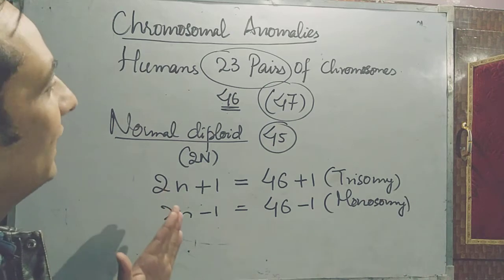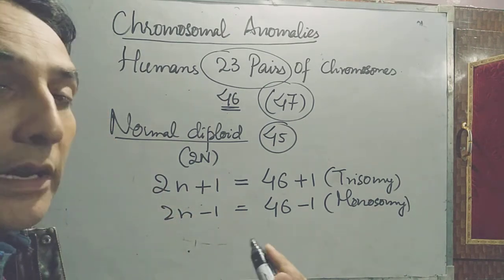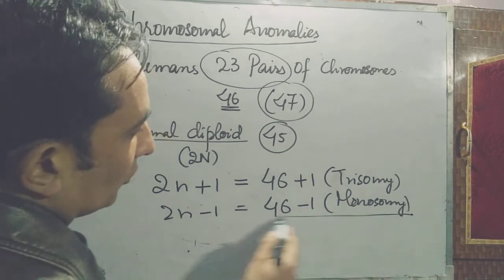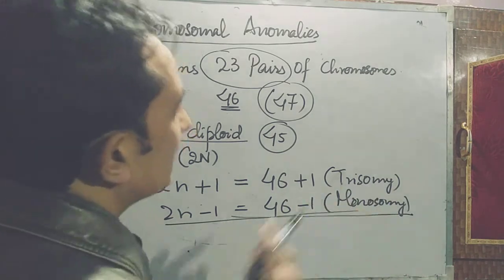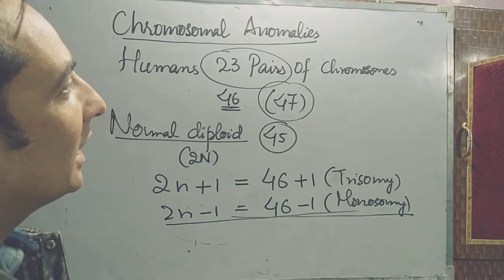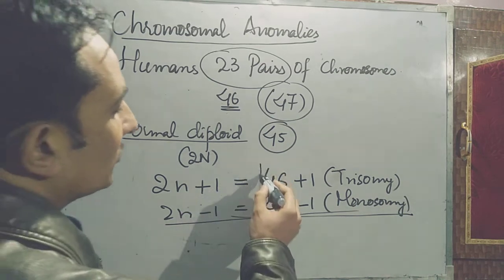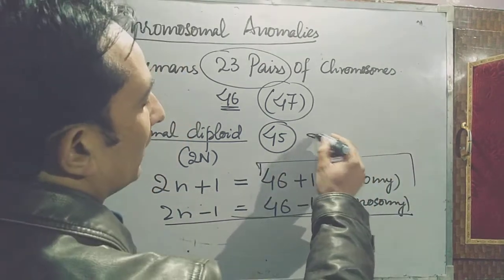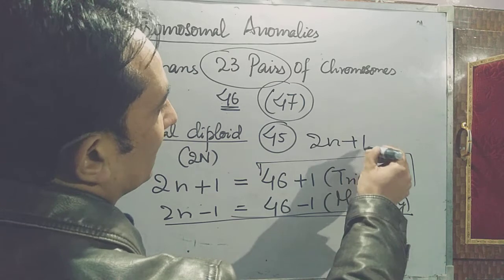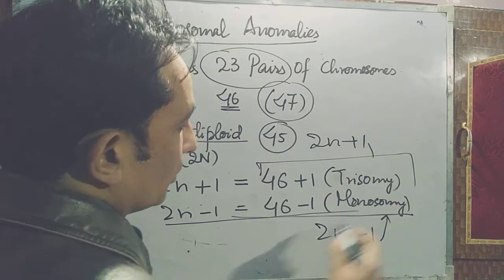Basically, we are dealing with 12th class zoology of the genetics portion. So we say that any abnormality in the number of the chromosomes is defined as the chromosomal anomaly, and two main cases of the chromosomal anomaly are trisomy and monosomy. If the chromosome number is 2n plus 1, it is trisomy. If it is 2n minus 1, it is monosomy.